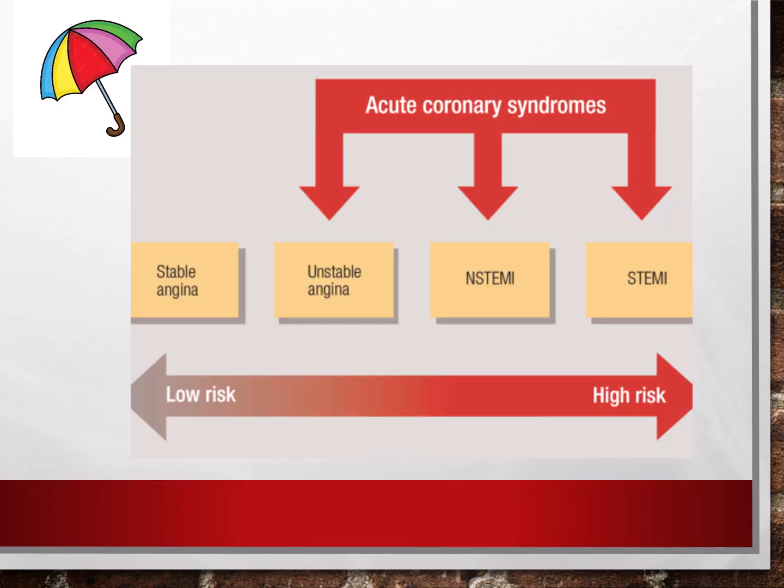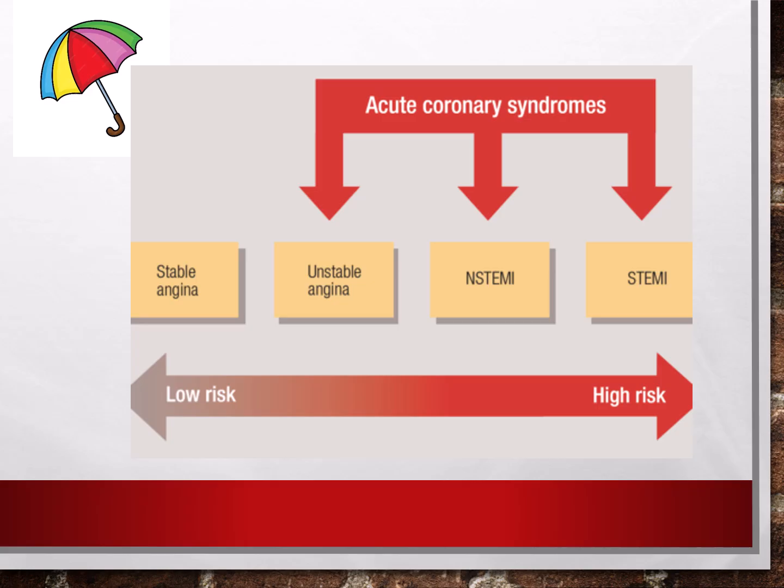So talking about coronary causes of chest pain, typically when we're looking at cardiac and acute coronary syndromes, we will just gloss over stable angina, but we're going to talk about unstable angina, NSTEMIs, and STEMIs. So angina is a medical word for chest pain. So if your patient's having chest pain, angina is typically cardiac in nature.